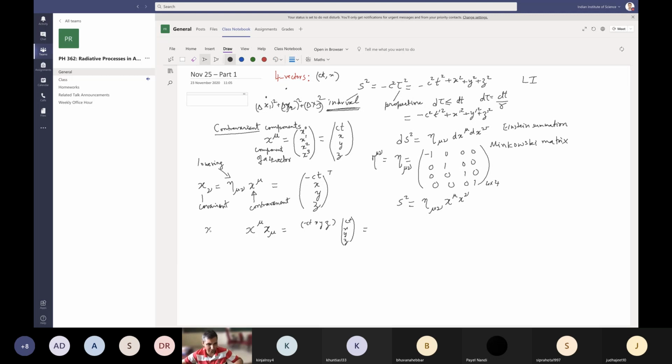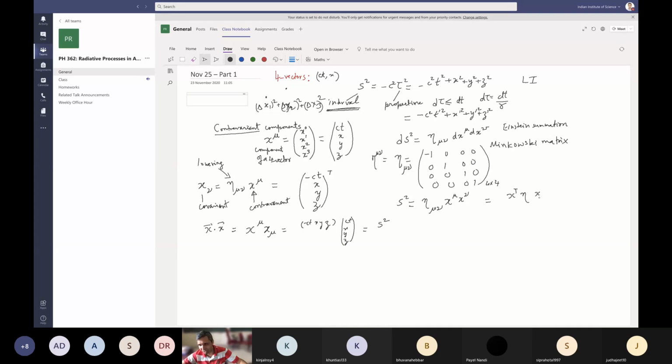So this is like a dot product of 4 vectors, right? Which is nothing but s squared, which is a scalar. Right, so we can actually write this as x eta x, something like this.